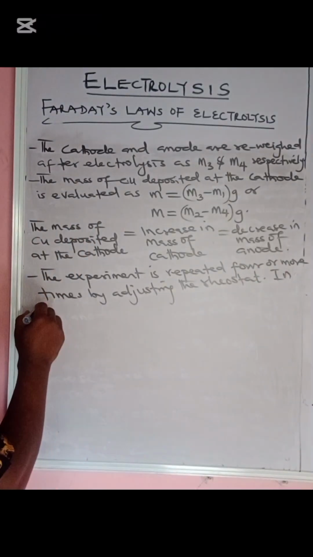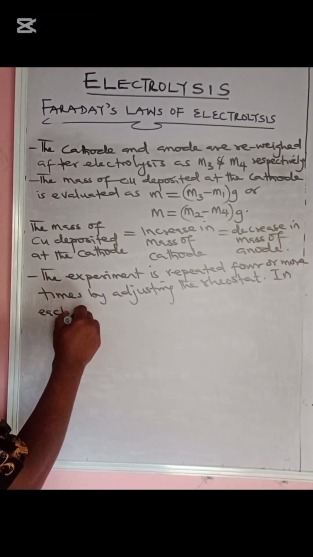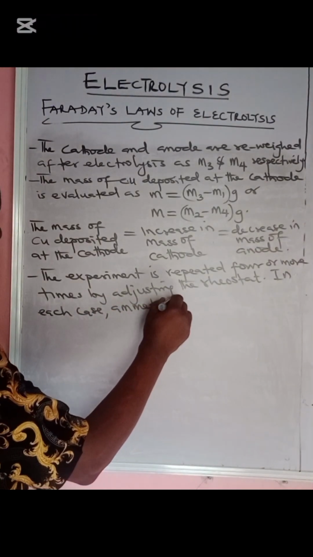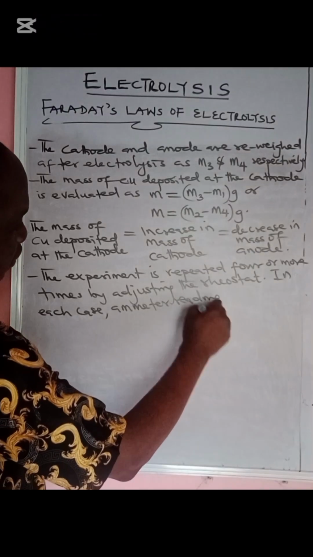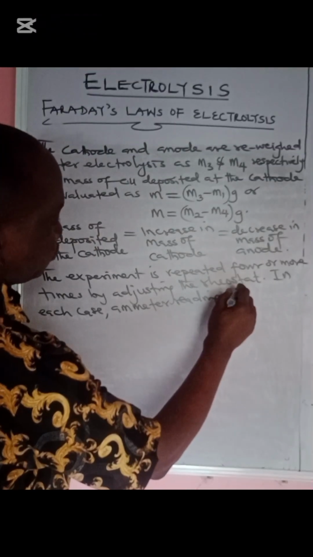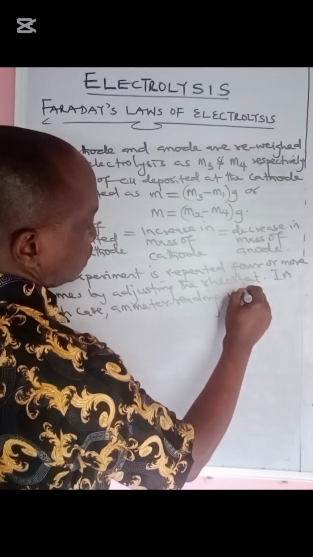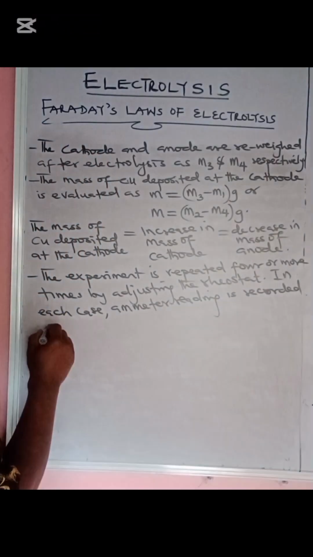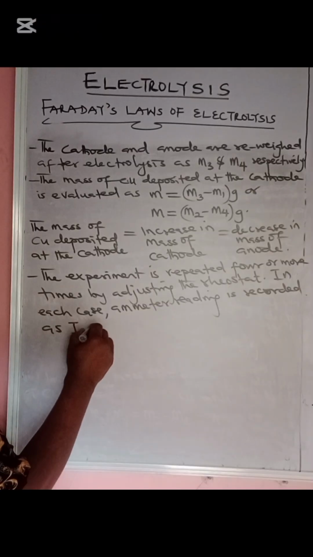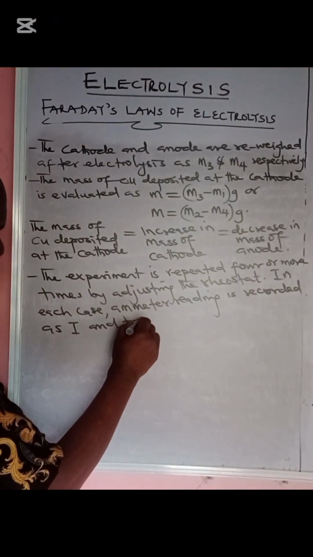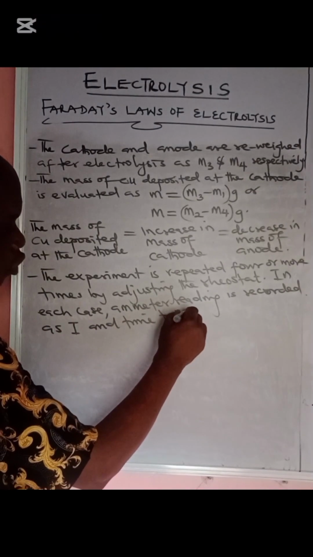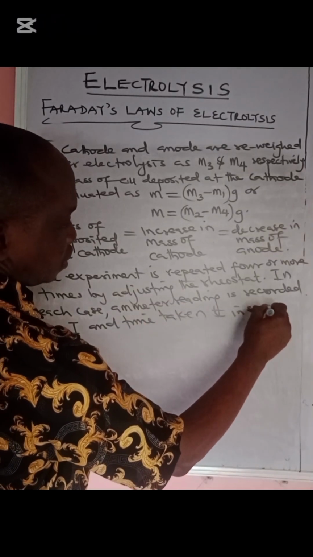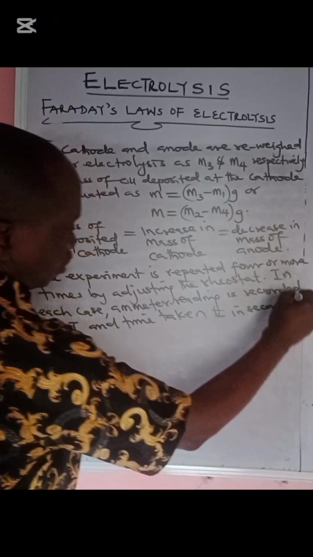In each case, ammeter reading is recorded as I, and time taken T in seconds for the current to flow is recorded as well.